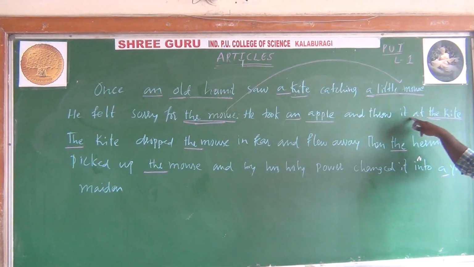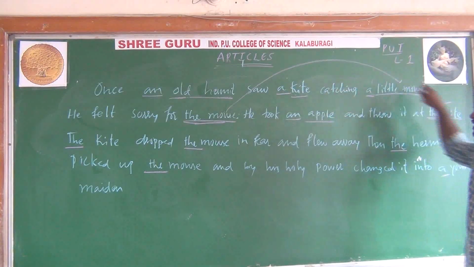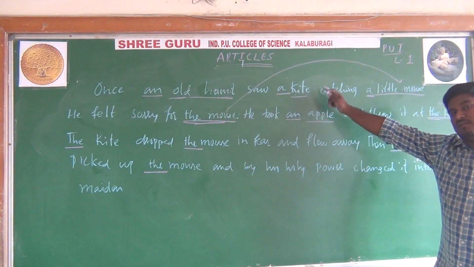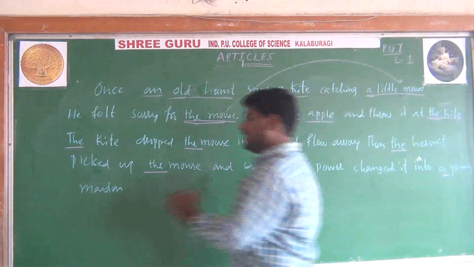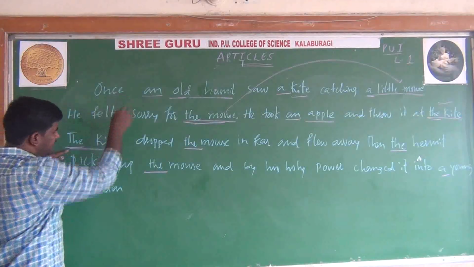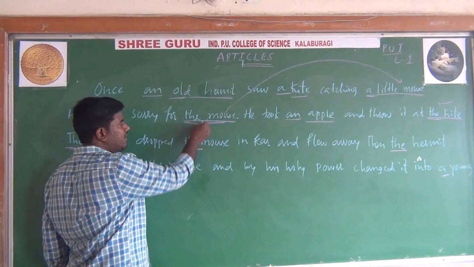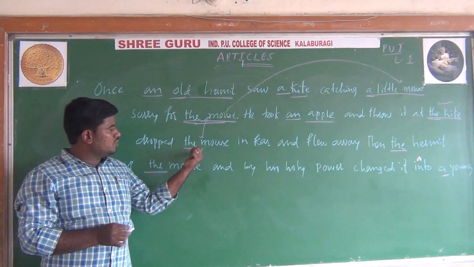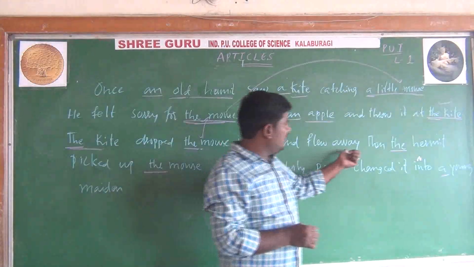The kite means the same kite. The kite dropped the mouse. Because we have already mentioned the mouse two times, it is already known, so we use the mouse here, in fear and flew away.